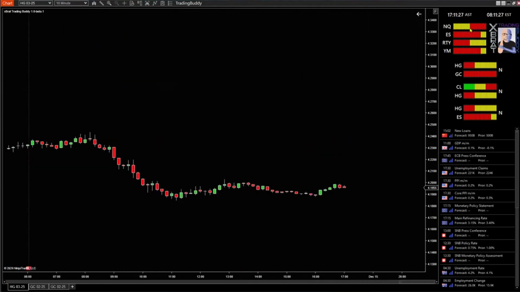So one of the things which is really cool about this are these are correlation meters, okay? NQ, ES, RTY, and YM. They are fixed, okay? So this gives you a good idea of overall market sentiment.